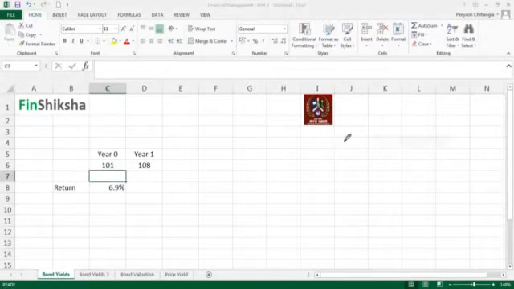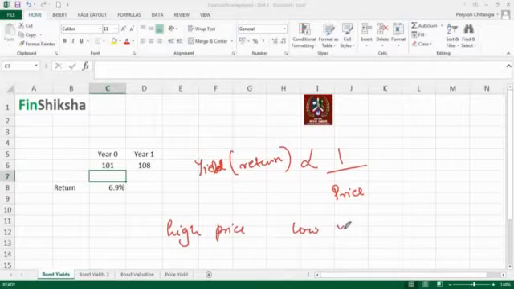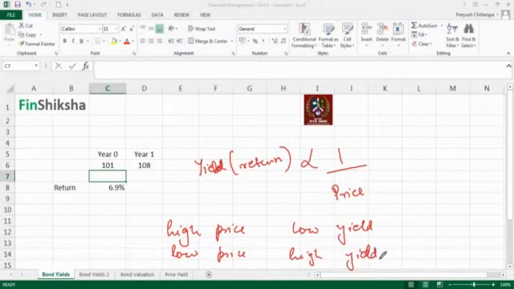And one thing that is very clear is that the yield or the return that you are making is inversely proportional to the price that someone is paying. A high price will mean low yield, and a low price will mean high yield. Correct?